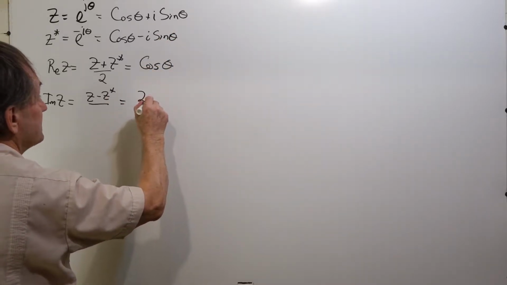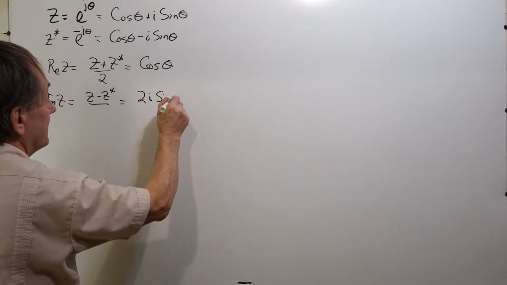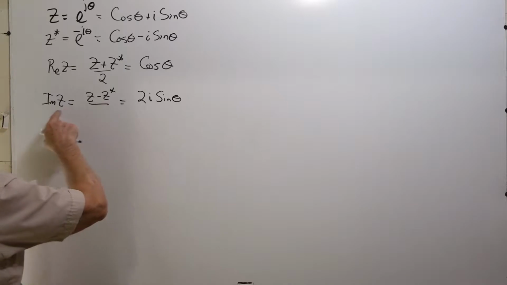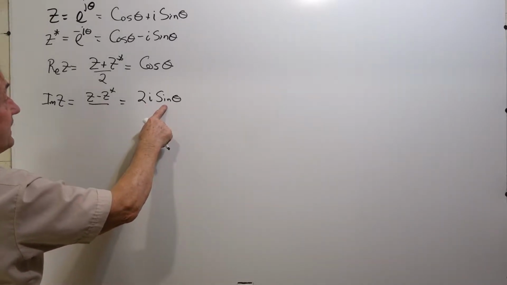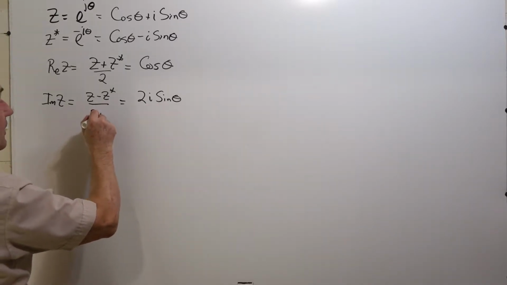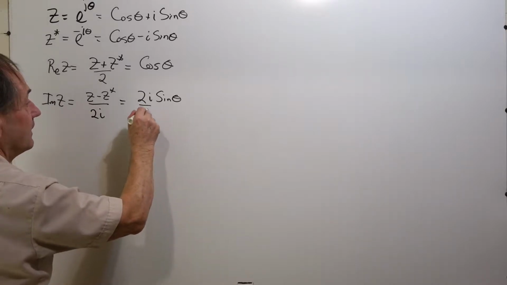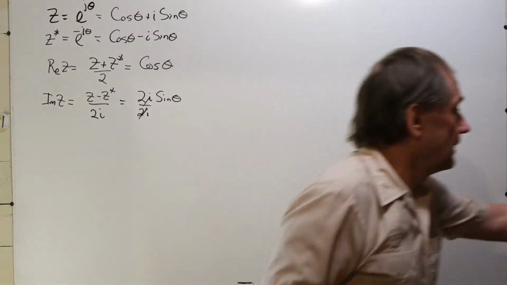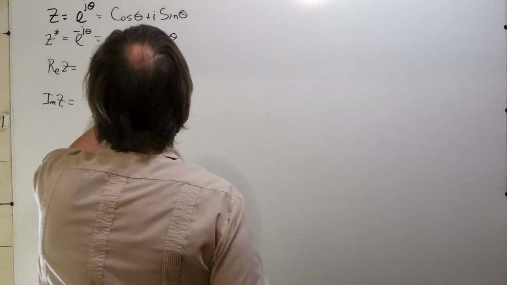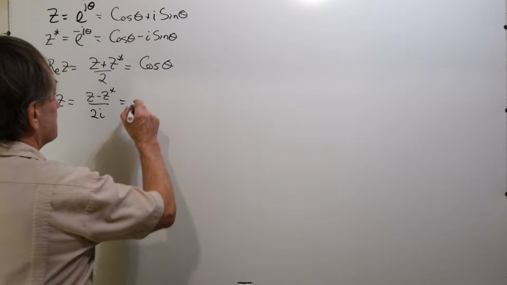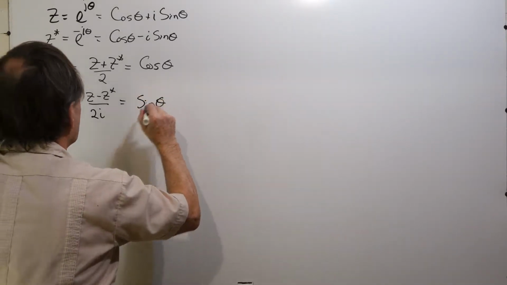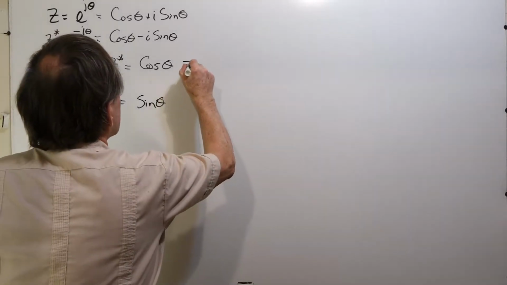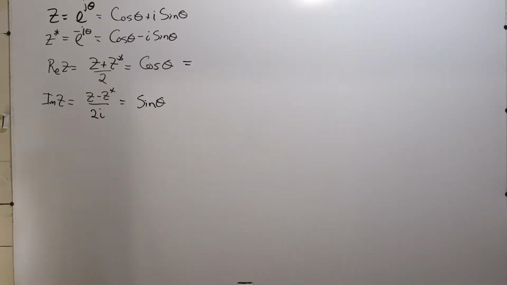So this is twice i times the sine of theta, but I need the imaginary part, which is just sine theta, so I divide through by 2i to get those to cancel. So that gives sine of theta.